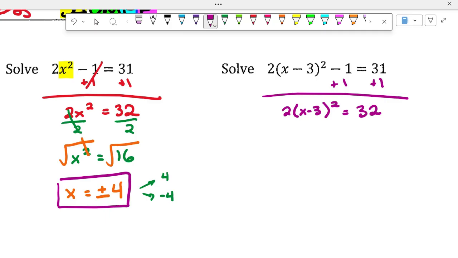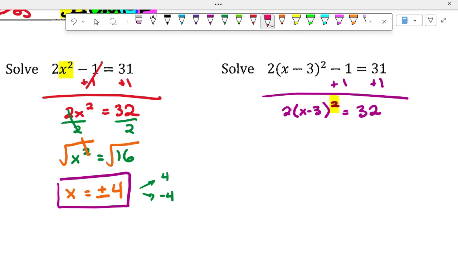We don't want to distribute, just for the sheer fact that we can't because of the square. Can't multiply, but we can take care of the multiplication. Where's the multiplication here? What number is being multiplied to something? 2.